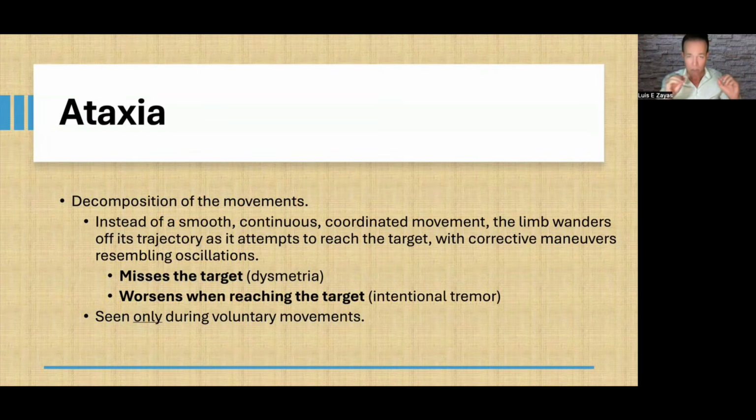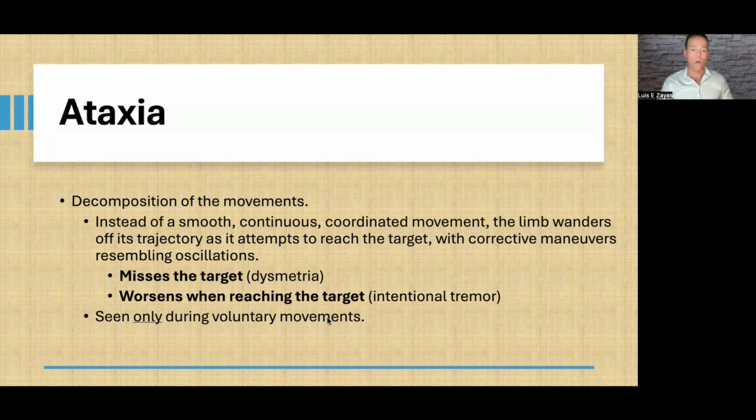In movement disorders, the tremors are divided in resting and action. Resting is the easy one, okay? Action is divided in postural and kinetic. And in the kinetic, you can also have the terminal tremor, which is the intentional tremor that I'm talking about here, which is when you are reaching the target.